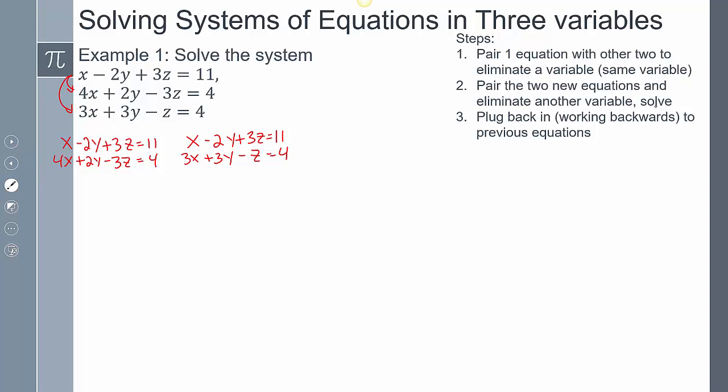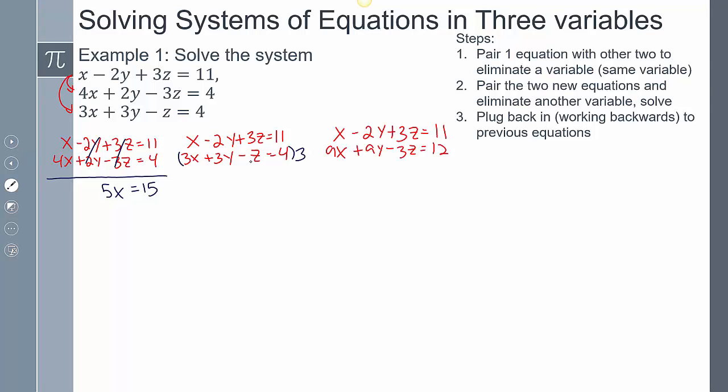So now that I've paired these two equations together, I want to be able to eliminate a variable. In this case, I want to eliminate z. Z is really easy to eliminate here. In this case, canceling it out, I get 5x equals 15. For this one right here, I would have to use rule number 2 for the Gaussian elimination.